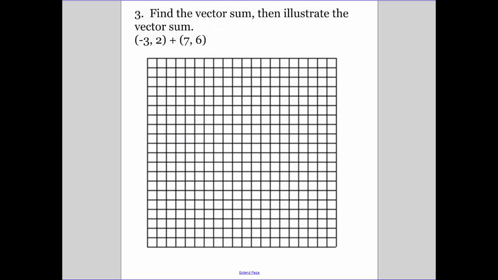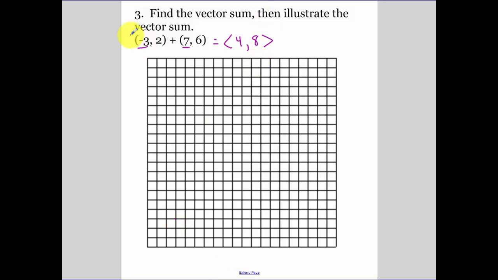Find the vector sum, then illustrate the vector sum. Okay, this is actually really easy. Vectors are actually not too bad for what we do in geometry. Add the x components. When I add those x components, I get a 4. Add the y components, we get 8. So I have a positive 4 direction and a positive 8 direction.